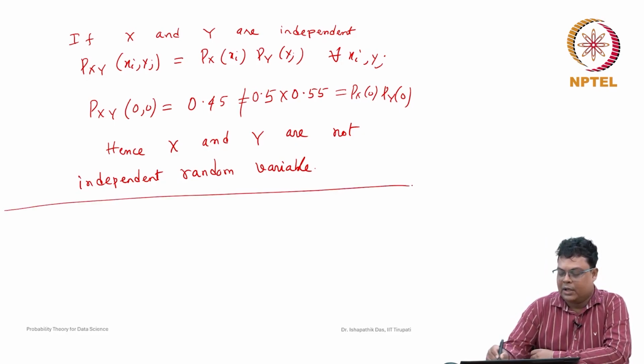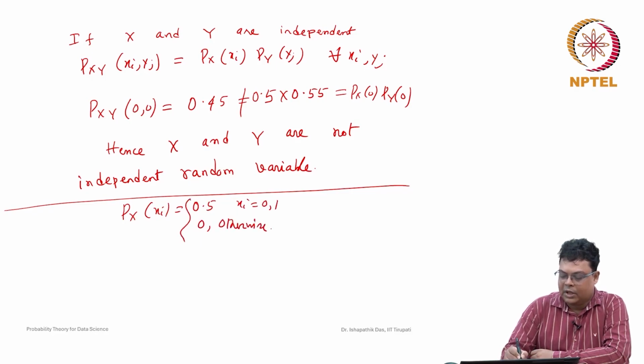Suppose we want to find the mean and variance, so we know how the probability mass function px is defined. Px(xi) is equal to 0.5 whenever xi is equal to 0 or 1, and 0 otherwise.